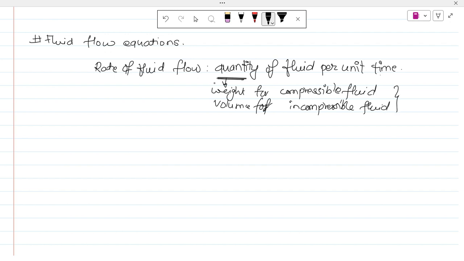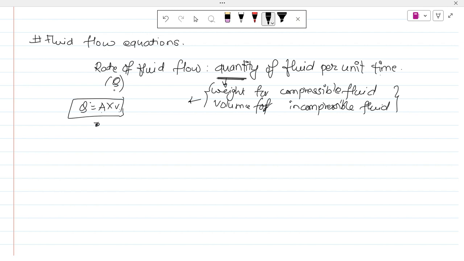For incompressible fluid, the rate is denoted by Q, and Q is A times velocity of fluid, and A times V is the rate of volume flowing per unit time.